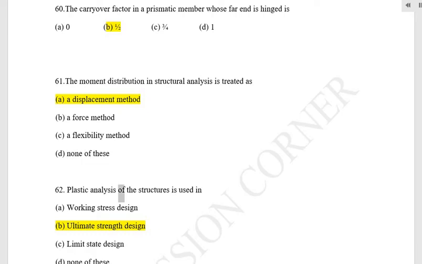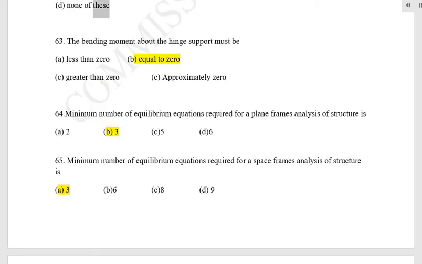Plastic analysis of the structures is used in: working stress design, ultimate strength design, limit state design, none of these. 63. The bending moment about the hinge support must be: A. less than 0, B. equal to 0, C. greater than 0, D. approximately 0.